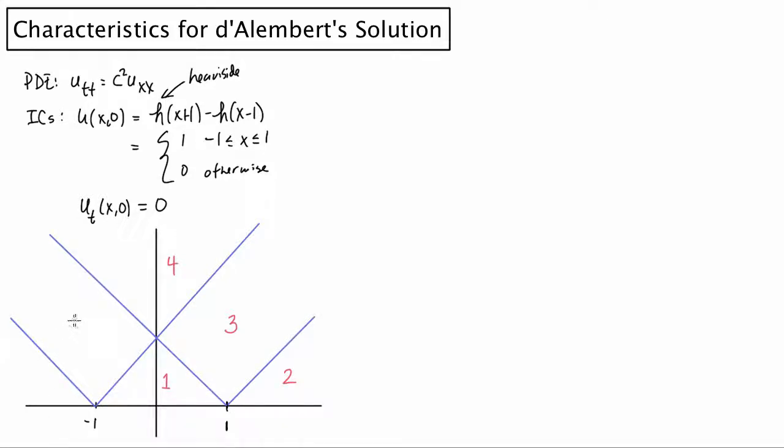And let's say region 5 and region 6. And based on the intuition that we just gathered about the solutions to this, let's think about what the solution u is going to be in each of these regions. So I want to talk about u of x,t, and I want to talk about its value. So what is its value on each of the regions? So let's make a little table, if we will.